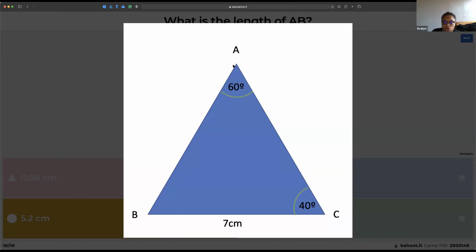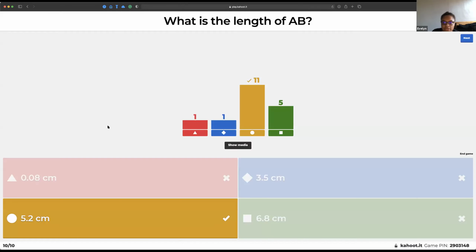Now, really, this is opposite the angle C. So this would be the length C. So what you would do is you would do 7 over sine 60 equals the length AB over sine 40, and then you multiply both sides by sine 40 and you will get your answer in centimeters. So that is 5.2 centimeters.